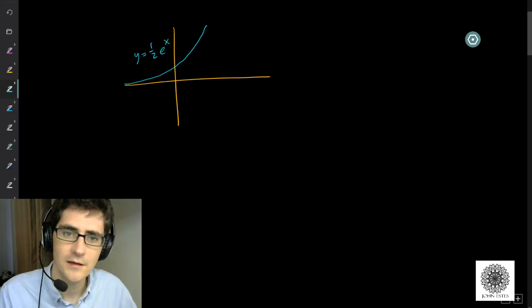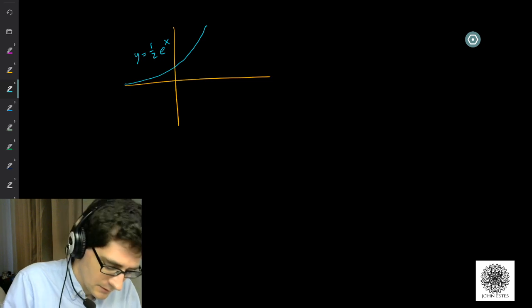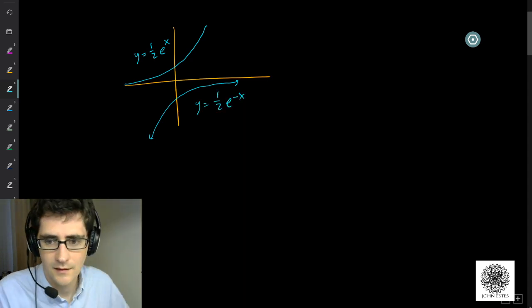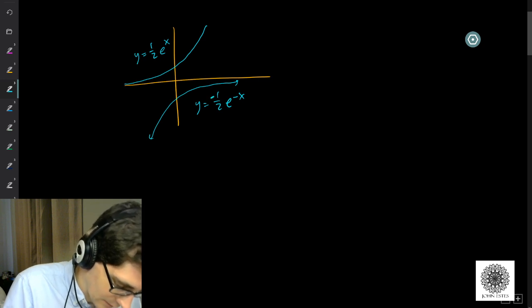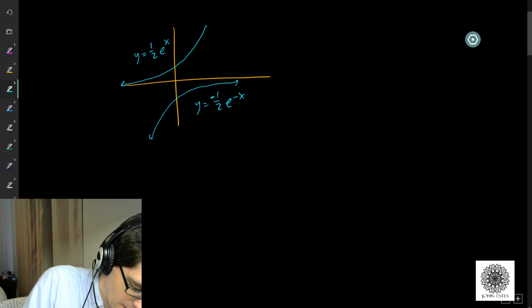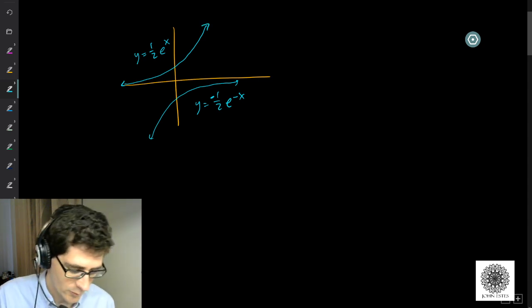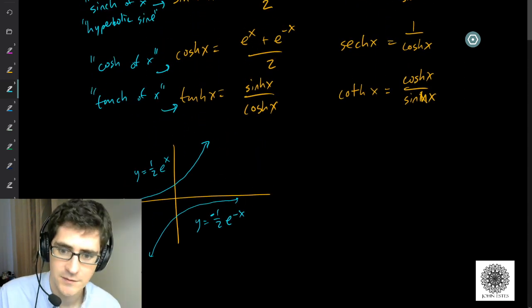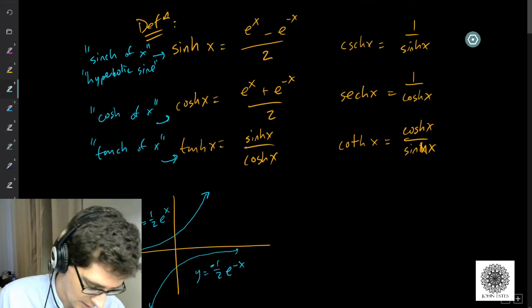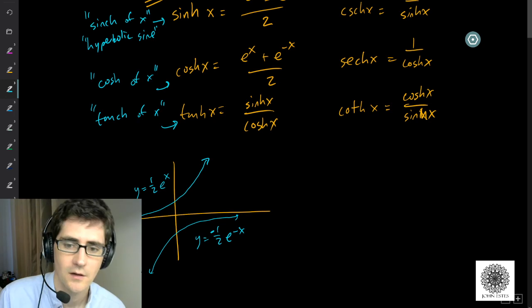The other one goes like this. This is 1/2 e to the negative x power. Okay, sorry, times -1, right? Because it pushes it below the x-axis. So we have these two graphs here. And what happens is, as x approaches infinity or negative infinity, sinh approaches these two curves.